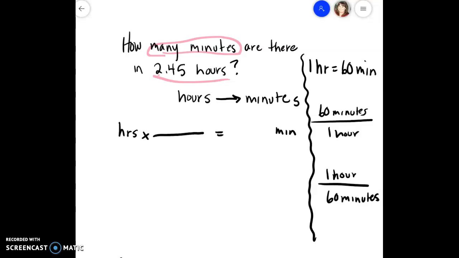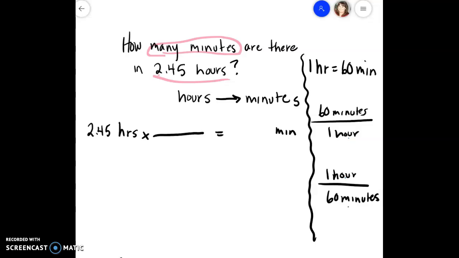All right, so I started with 2.45 hours. I'm going to multiply it by something so that the hours will cancel and minutes will be left. Of the two conversion factors I have on the side here, should I put minutes in the numerator and hours down below, or hours in the numerator and minutes down below?